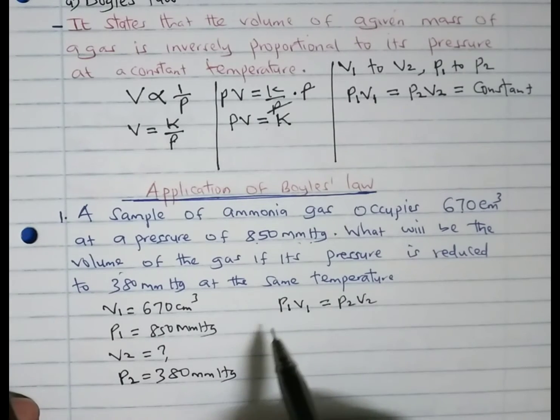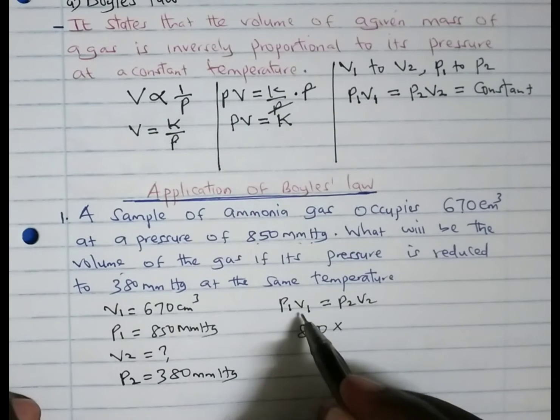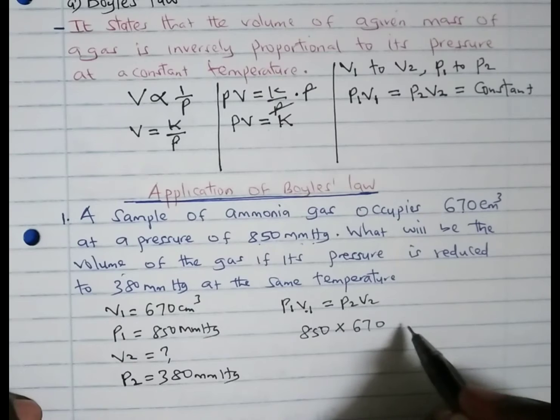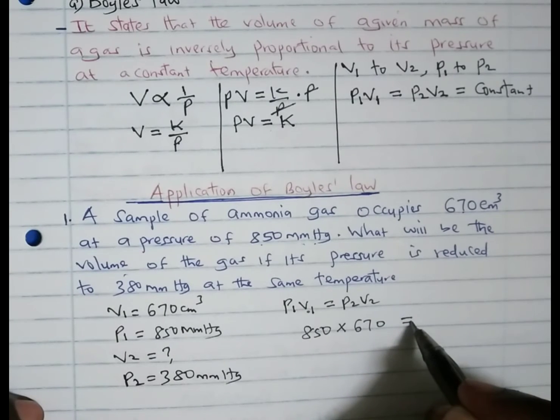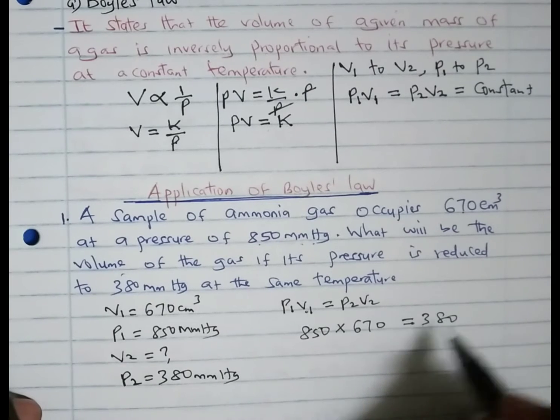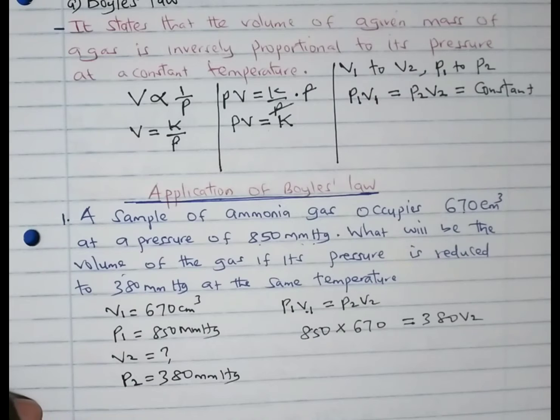Our pressure 1 is 850. We multiply by volume 1, which is 670, and this will give us pressure 2 of 380. We multiply by volume 2, which is the quantity we are looking for.